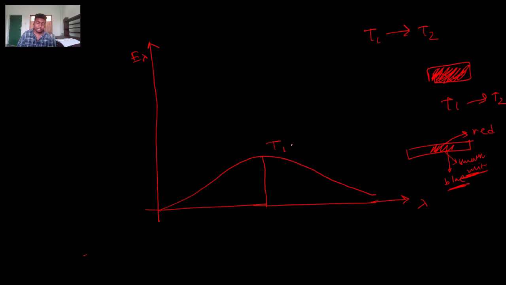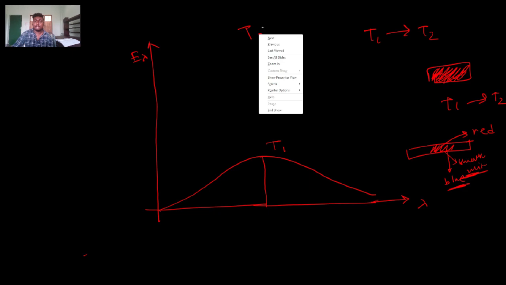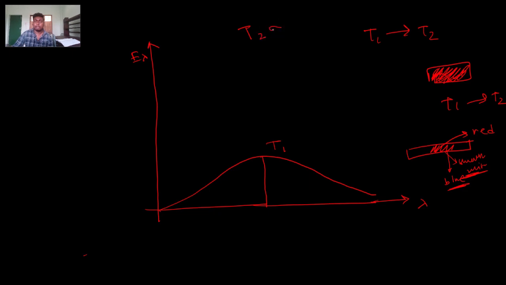After we raise the temperature to T2, the energy is increasing. T2 is proportional to the energy; the more the temperature rises, the more the energy of the radiation rises. We know E equals hc by lambda. E is proportional to nu, so E is proportional to 1 by lambda.